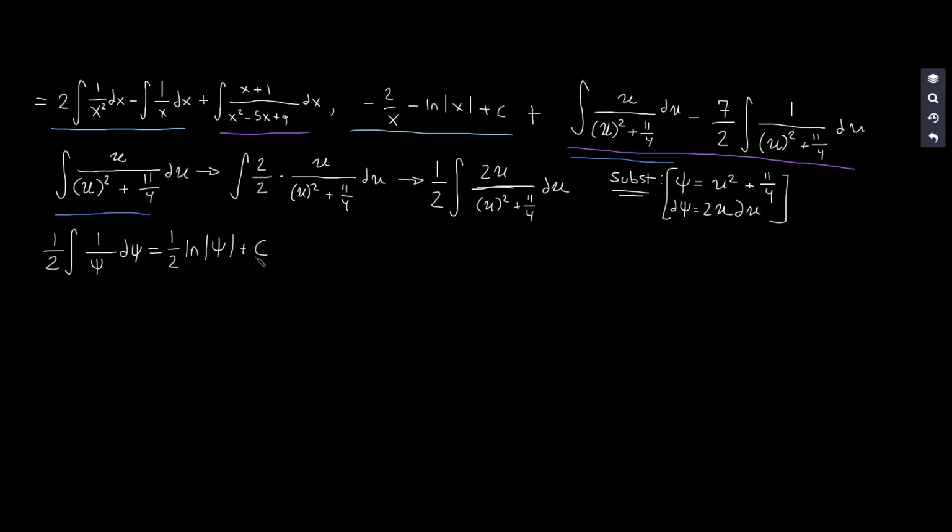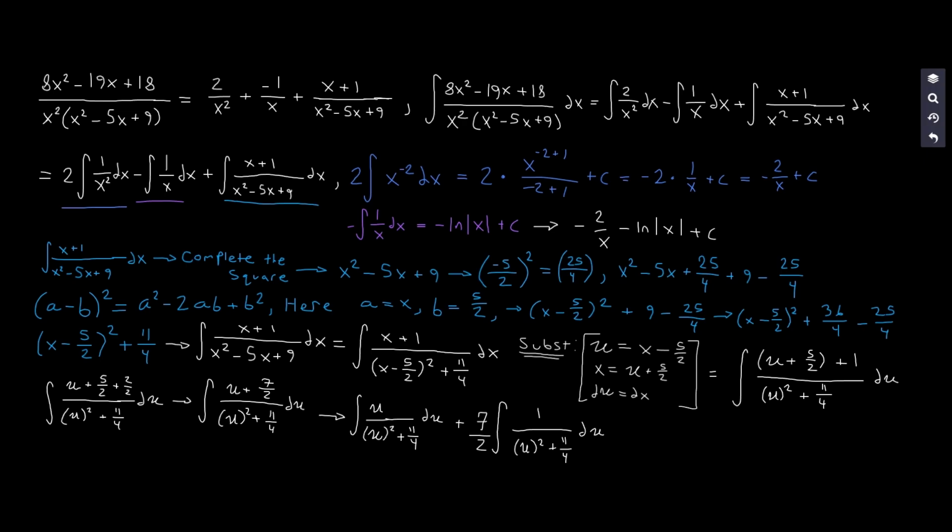Then we'll have to back substitute. We get 1/2 times the natural logarithm of u squared plus 11 over 4. At this point we could drop the absolute value brackets because it can only ever be positive. We're also going to back substitute for u, which we set equal to x minus 5 halves.